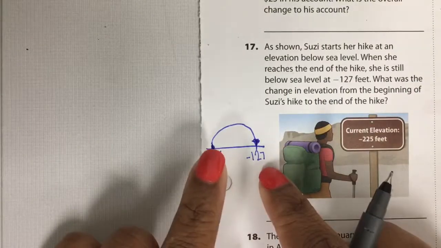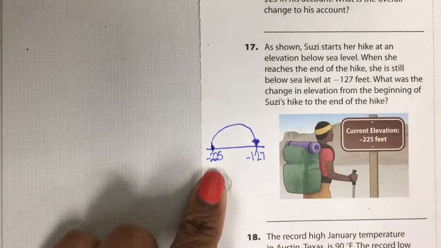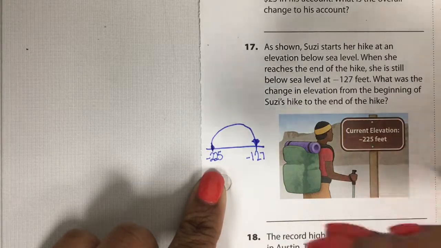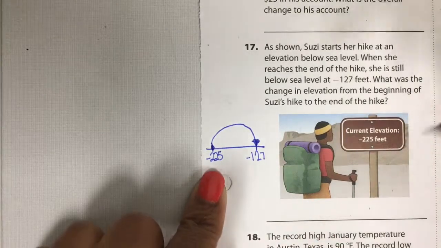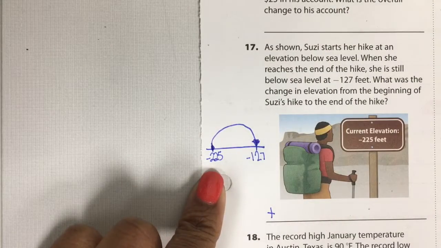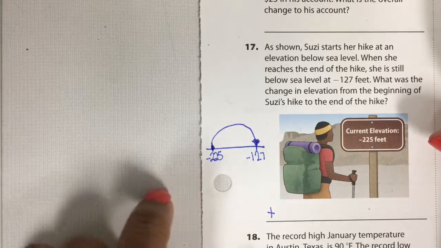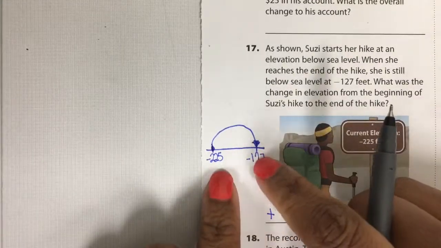So I need to figure out the distance between these two numbers. I know that on her hike, she increased. She went more positive. So she increased her elevation. She didn't decrease it. If she decreased it, she'd go down some more. And we need to figure out by how much.